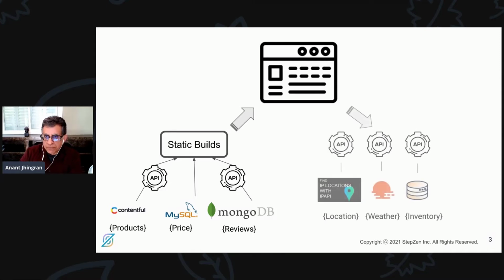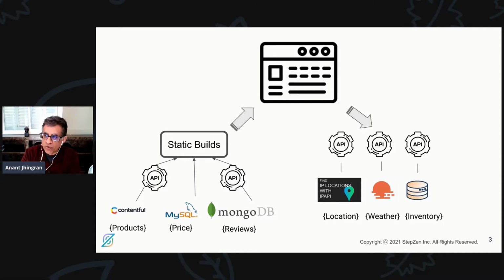But then at runtime, from the browser, you want to support access to dynamic content, and that is where other sets of APIs may come in. You may have an API that determines the location of the user, so you may want to connect with IPAPI, which is a very good API for determining location based on IP address.